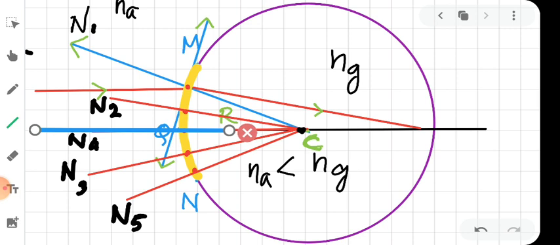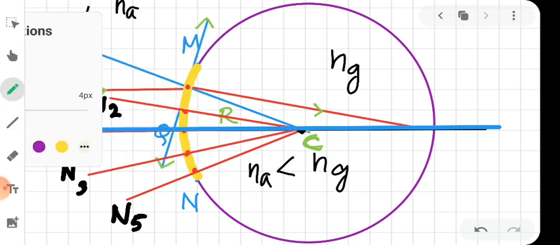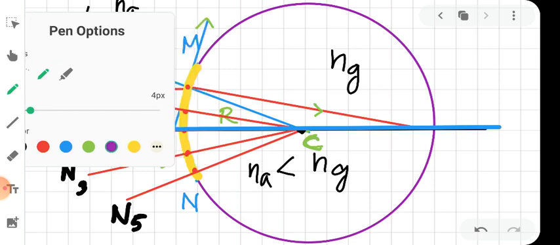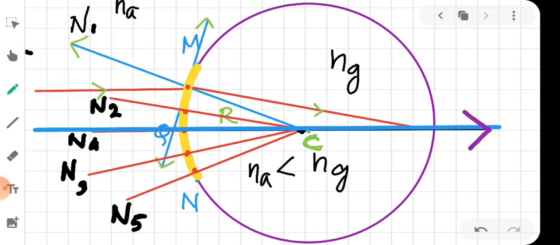What happens? The light ray will make again 0 degrees and will pass through the center without any deviation. So any light ray which runs along the principal axis goes undeviated.